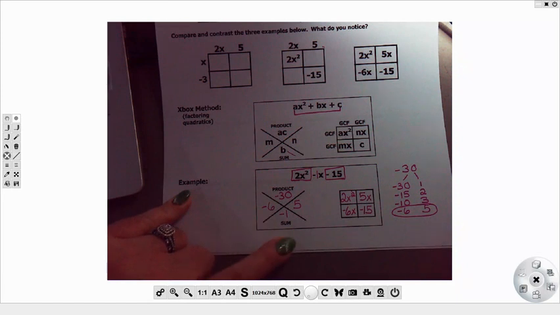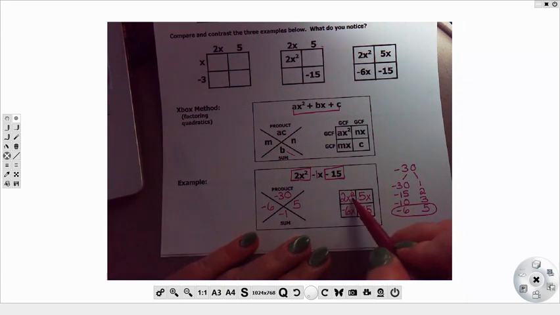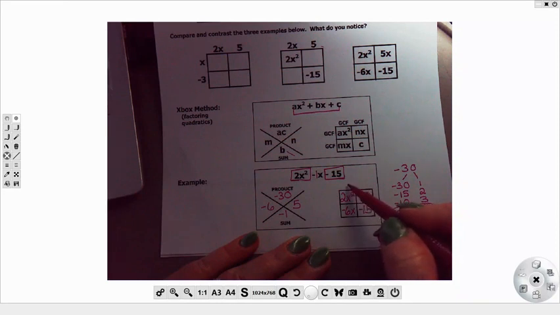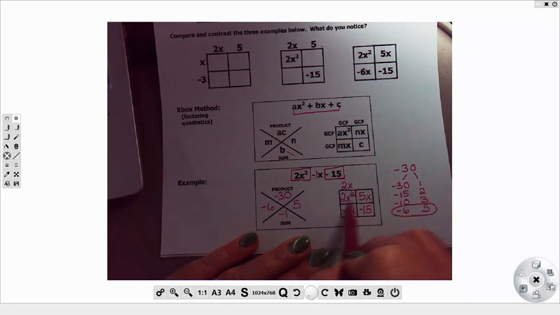Okay, so now I need to think about what can I multiply together? So in order to get 2x squared, that has to be a 2x and an x. If I look this way and I make it 2x, that could go into both of these, 2x and 2x. But if I look this way, the only common factor they have is x.